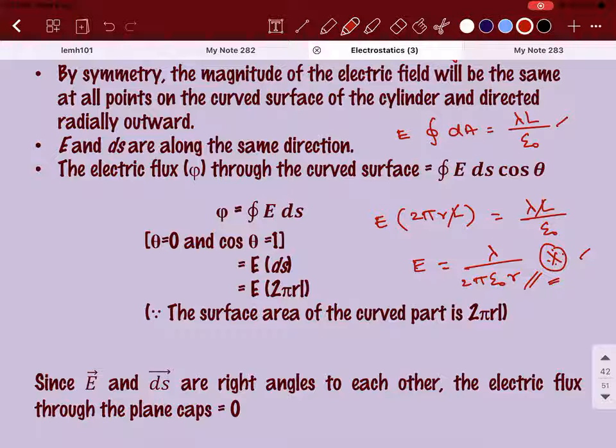So just take a minute, go through the derivation, see if every step is clear. If there is any doubt, ask. Just go through it once.